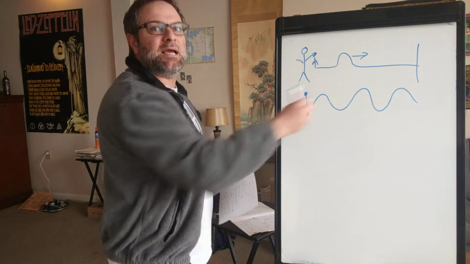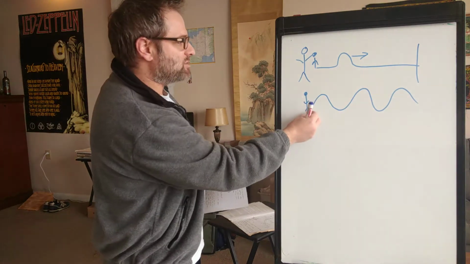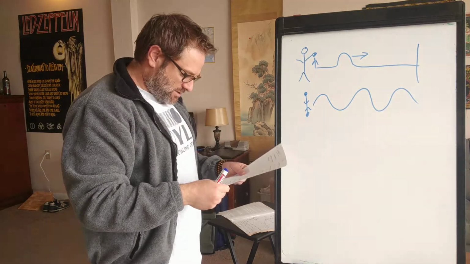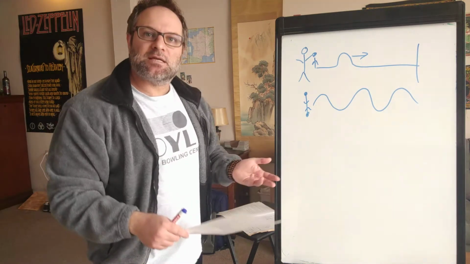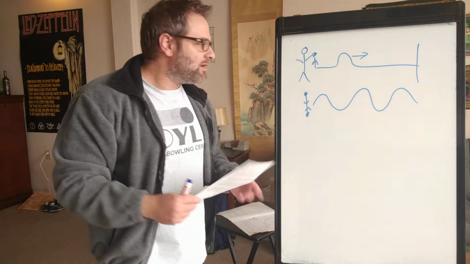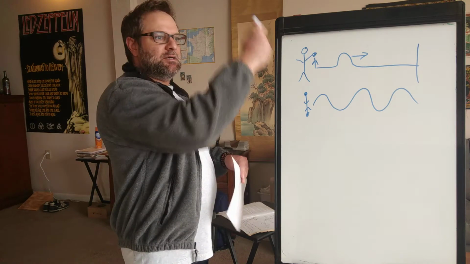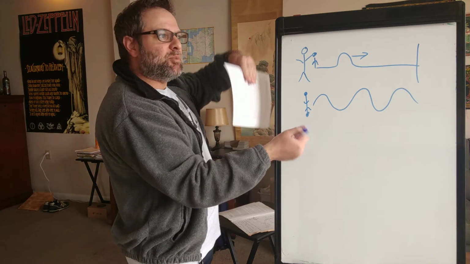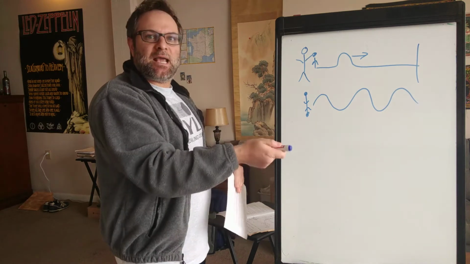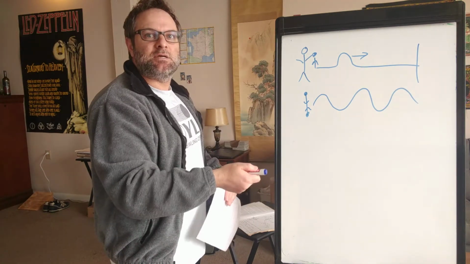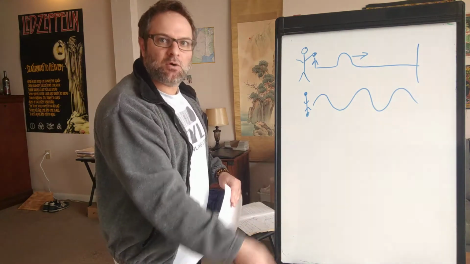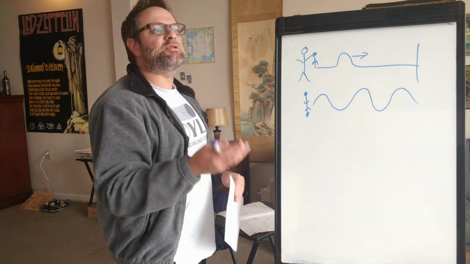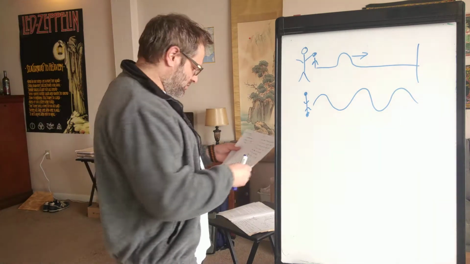And the segments next to where my hand is are what's going to pull the rope up and cause it to move up, and then pull the rope down and cause it to move down. That's a bit like the restoring force of a spring. As I lift the rope up this way, that's going to be increased tension in the rope, and that's going to want to pull my hand back toward equilibrium, and the same when I go the other direction. So that's conceptually why this is like a mass on a spring.